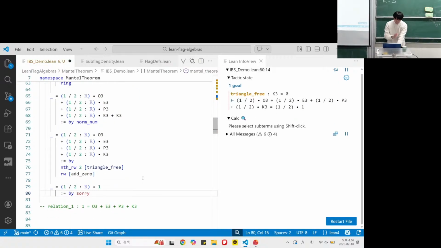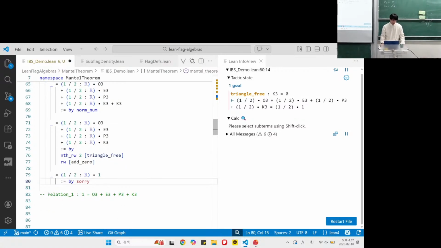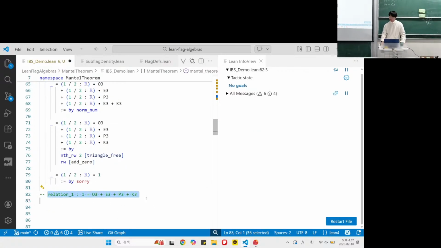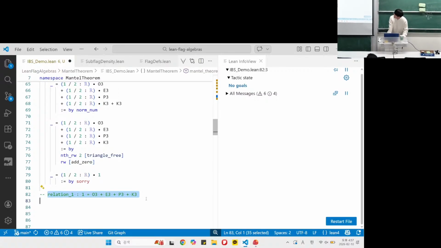The final step. At this point, the remaining step is just to group the coefficients and rewrite the expression using relation 1, which means 1 is equal to o3 plus e3 plus p3 plus k3.